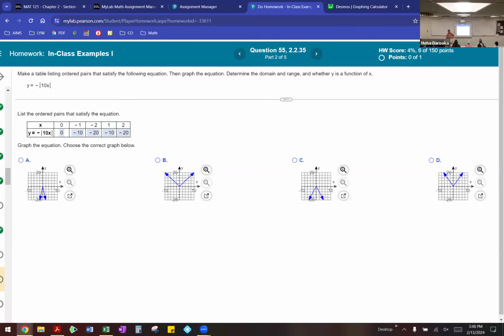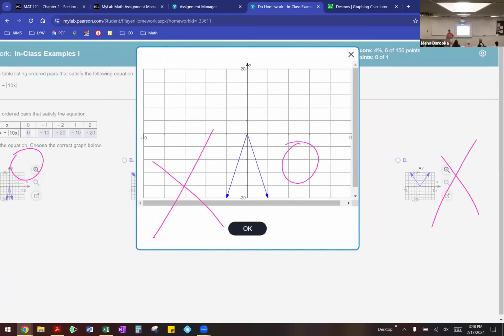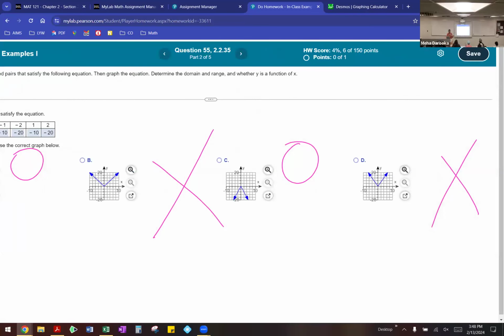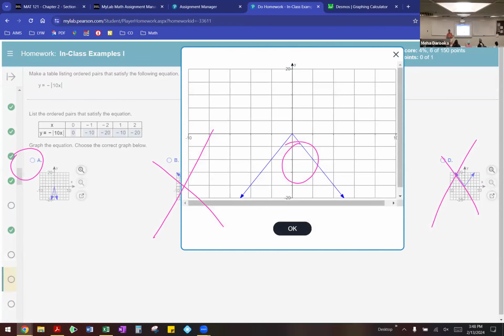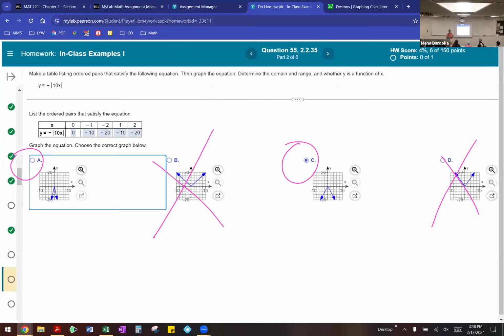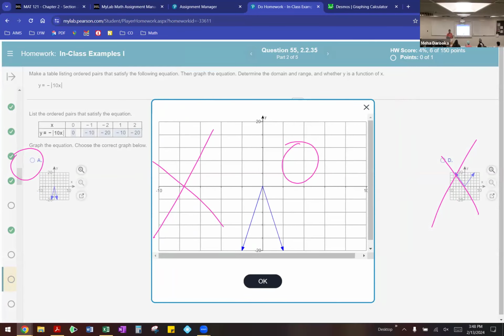Yeah, the ones opening upwards are going to be eliminated, so you're really just choosing between A and C. Okay, so this is what graph A looks like. Kind of narrow, right? That V shape. And then this is what graph C looks like. So which one would you go for between A and C? The best thing to do is open the graph and see which of these ordered pairs would match.